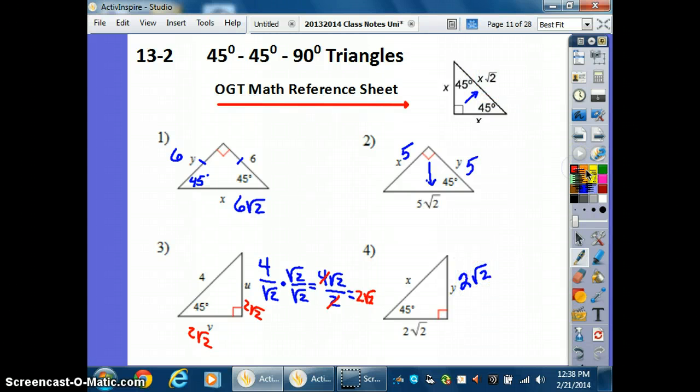So we're going to say 2 radical 2 times radical 2 will give us our hypotenuse. And here we end up with 2, and radical 2 times radical 2 is 2, or the answer is 4. And thank you.